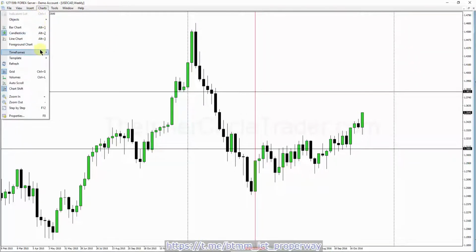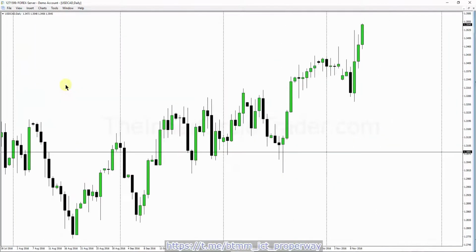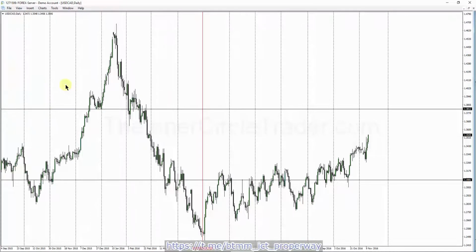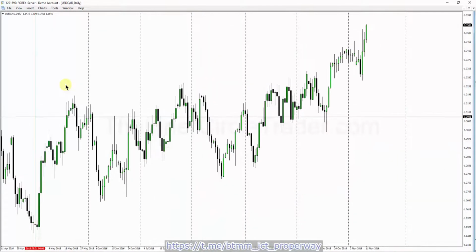We go into a daily chart. You can see the vertical lines delineate each month.